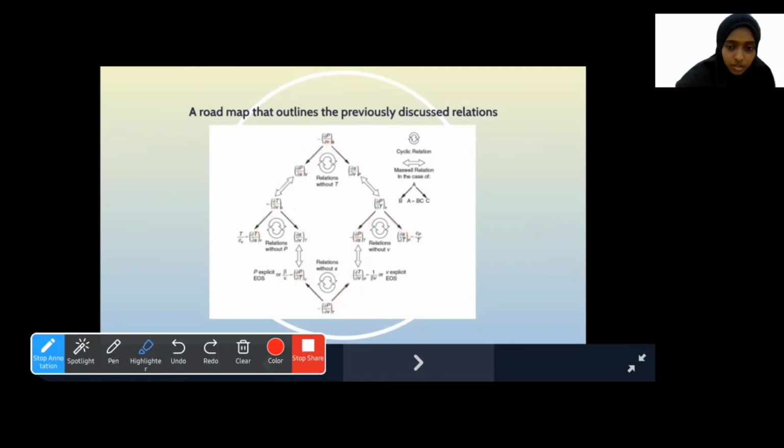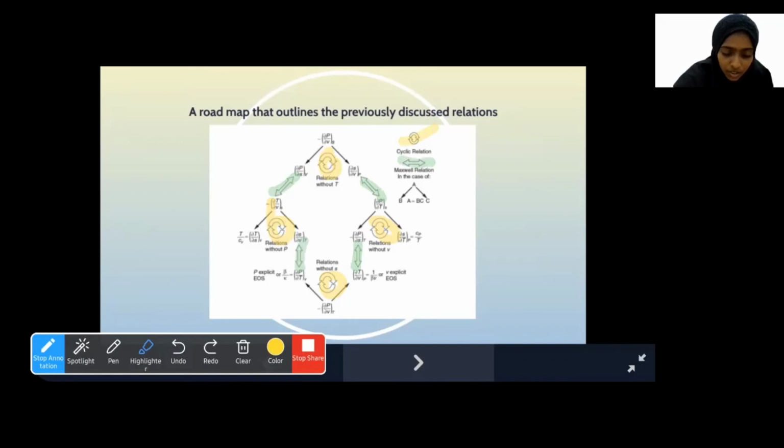Actually there is the cyclic relation and also the Maxwell relation. The Maxwell relation is at all the reversible arrows, and the cyclic relation is at all the cyclic arrows.